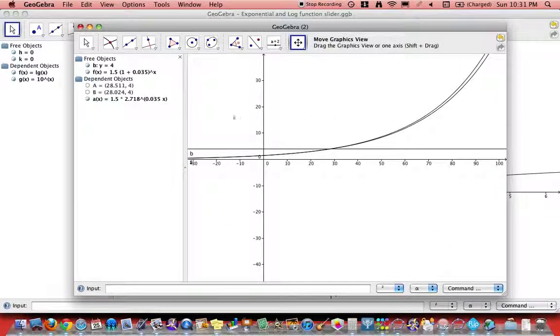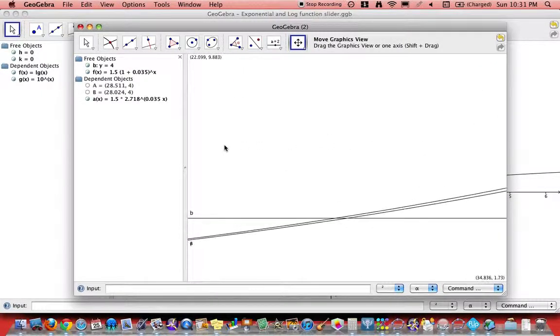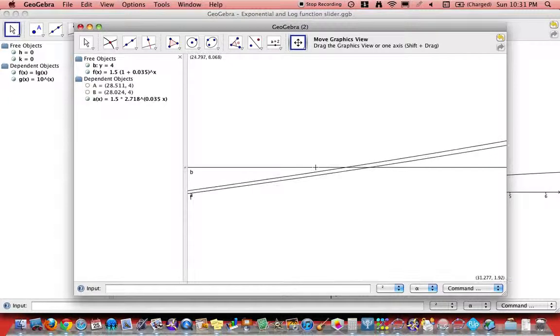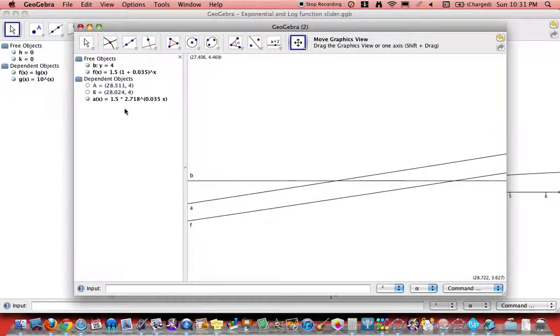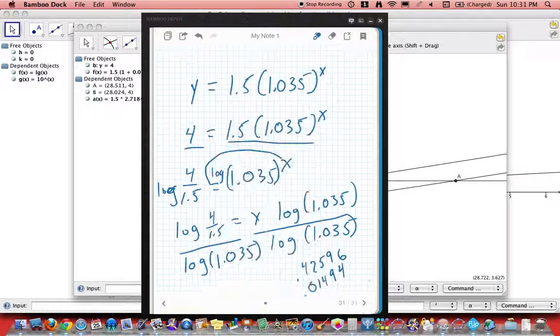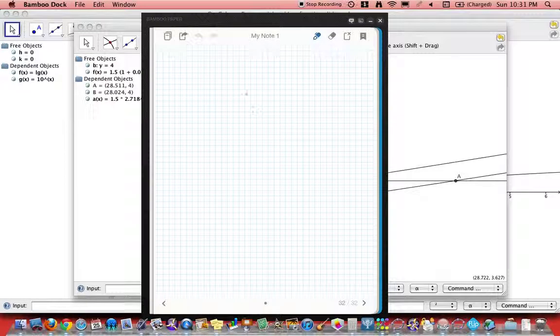Well, in reality, if we zoom in close enough, you can see that it climbs a little faster with the continuous, and it actually ends up being almost half a year earlier by our calculations that population would have reached 4 million.